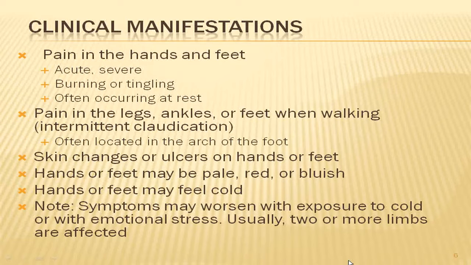The symptoms may worsen with exposure to cold or with emotional stress, and we already know what stress and cold do to a person's body. With stress, the central nervous system kicks in and causes vasoconstriction, and cold temperatures also exacerbate vasoconstriction. So we need this person to avoid stress, but it's kind of hard to avoid stress when you're in severe pain.